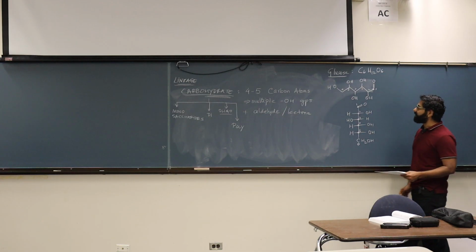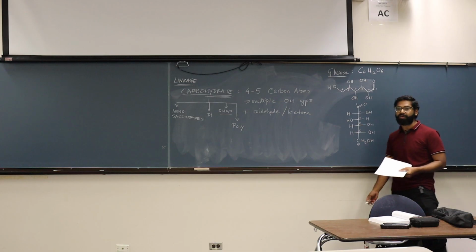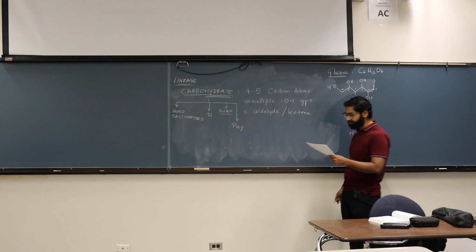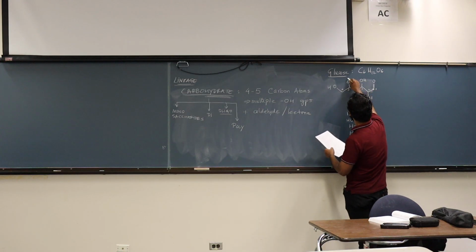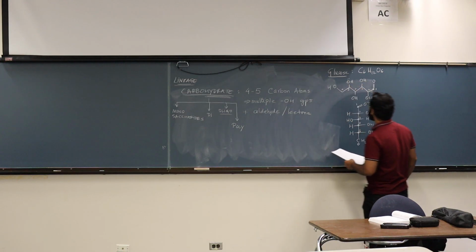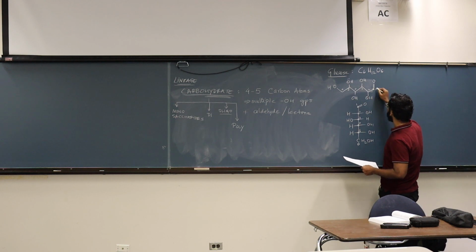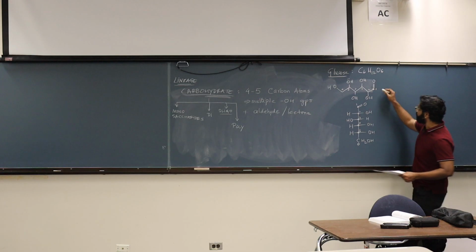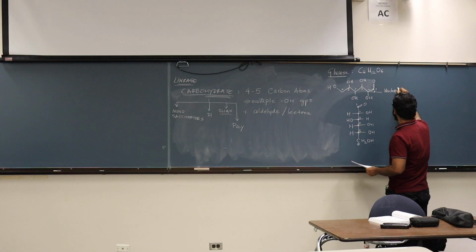Now, there is a very special thing that these sugars do when they are dissolved in water. This OH is going to attack this carbon center. Why? Because this carbon center is what I call an electrophilic center.